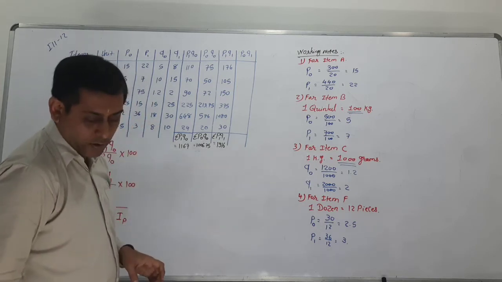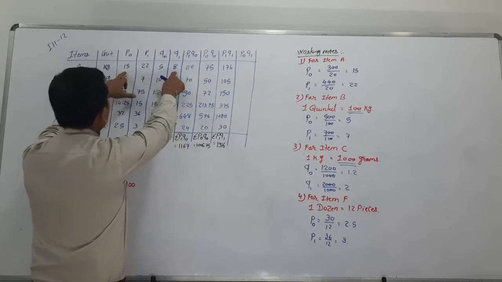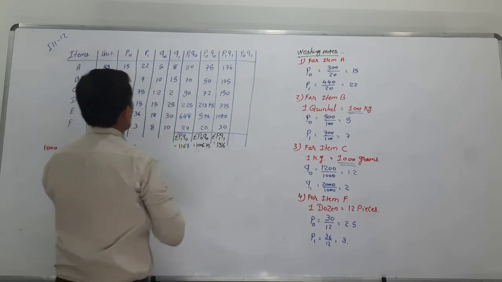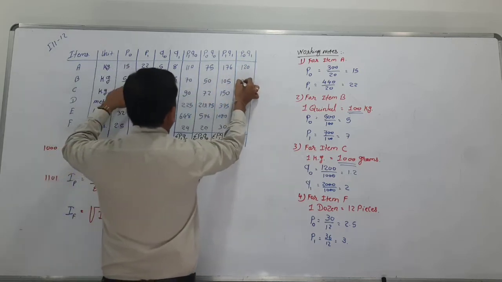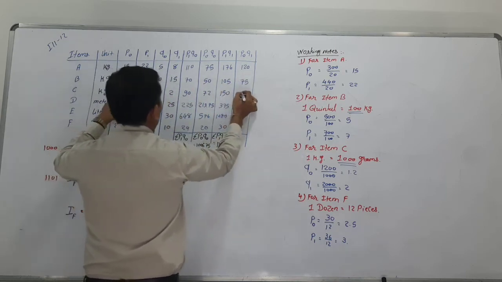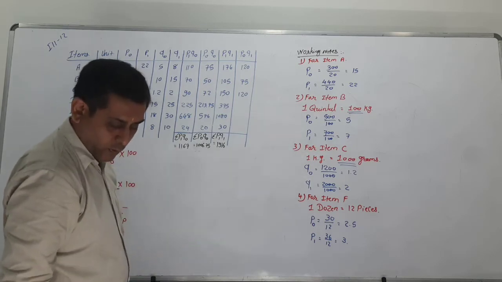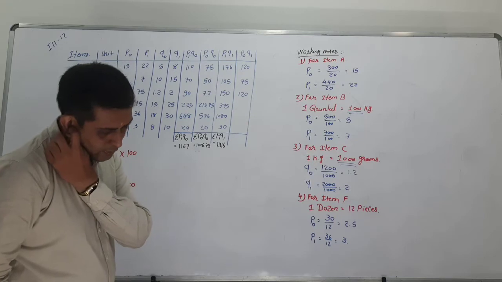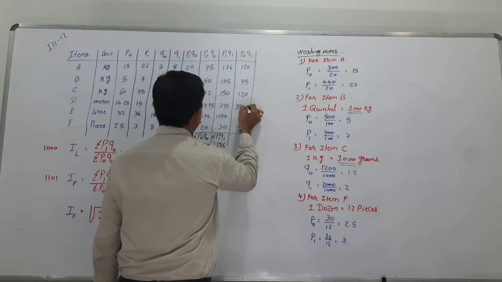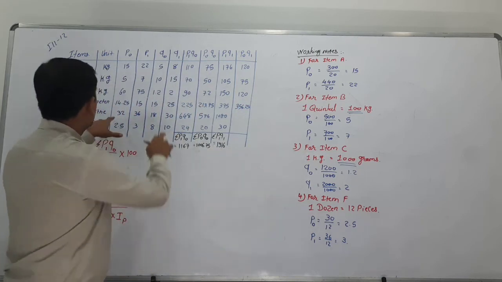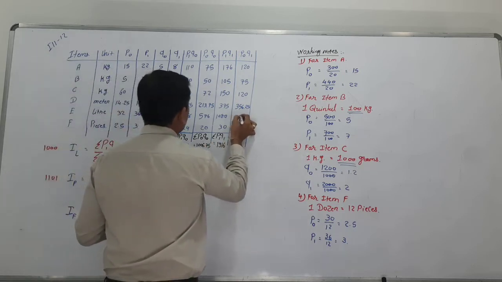And in the last column, the multiplication is P0 and Q1. 15 into 8, 120. Then 75. Then 120. Then 25 into 14.25, that is 356.25. Then 32 into 30, 960.